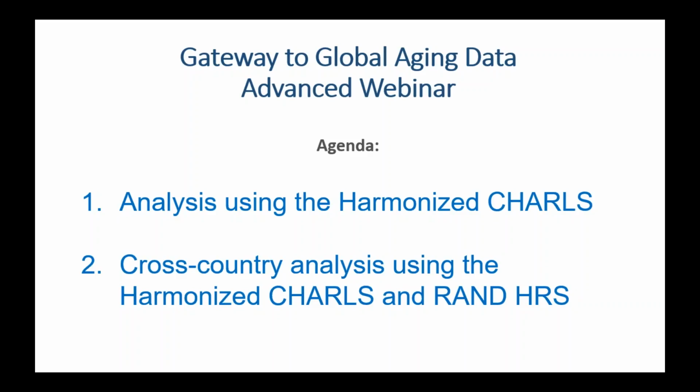And harmonized means that we're going to be using a very user-friendly version of that data set, which we create at the Gateway to Global Aging data. And we'll talk about how to create that on your own machine. Then we're going to be doing some cross-country analysis using the harmonized CHARLS data set, which we created in step 1, and pairing that with the RAND-HRS data.